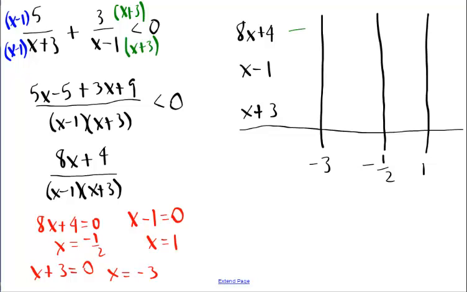A number less than negative 3 here, here, and here, and it's negative. Substitute in a number between negative 3 and negative 1/2, like a negative 1. Substitute in 0. And substitute in a number larger than 1, like 2.